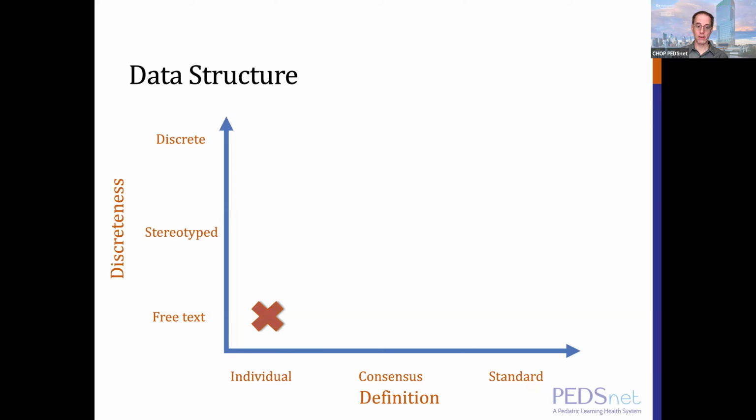We don't want to be down here, if we can avoid it, in the lower left corner, where information might be available, but it's hard to tell what it means. And the same representation may actually mean different things when recorded by different people.